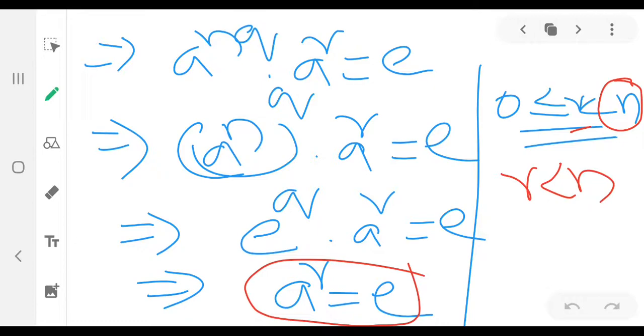So only a raised to n is e; below that, only a raised to 0 is e.